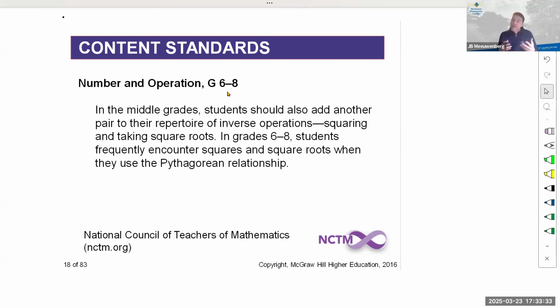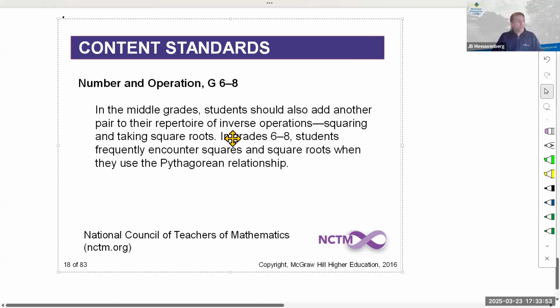And also, it might help frame how you teach something and explain to your students why they need to know this particular concept. And so when we see these content standards for higher grades, that's okay that we are learning it, because it is going to matter as we move forward.